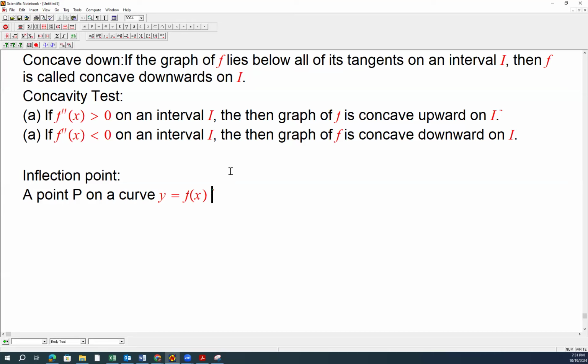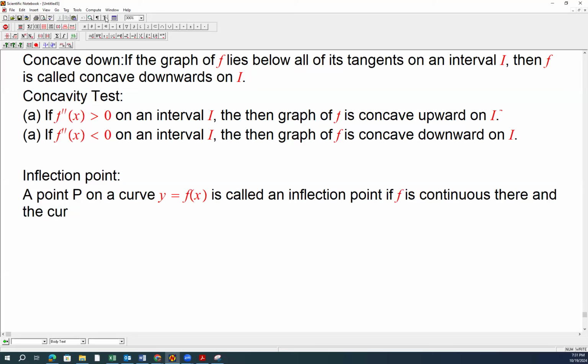A point P on the curve is called an inflection point if f is continuous there, and the curve changes from concave upward to concave downward.